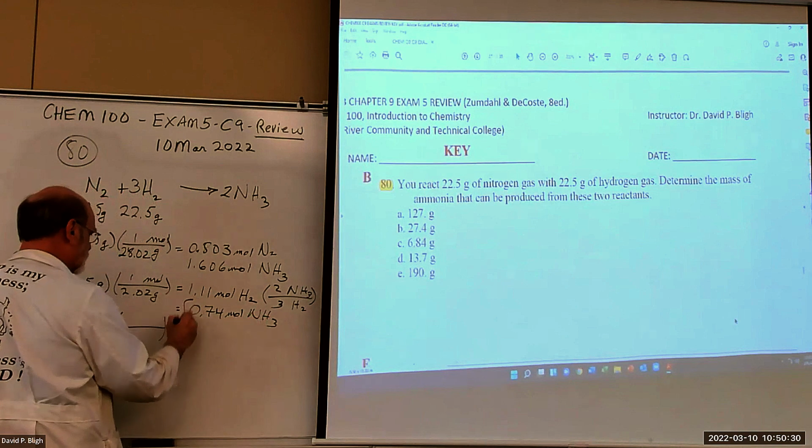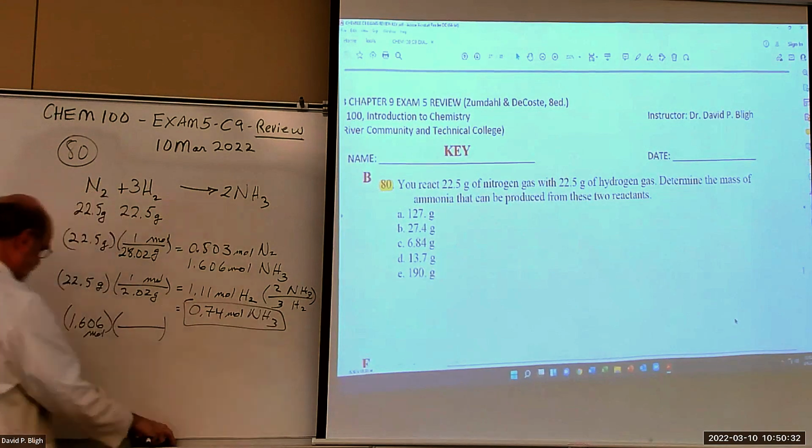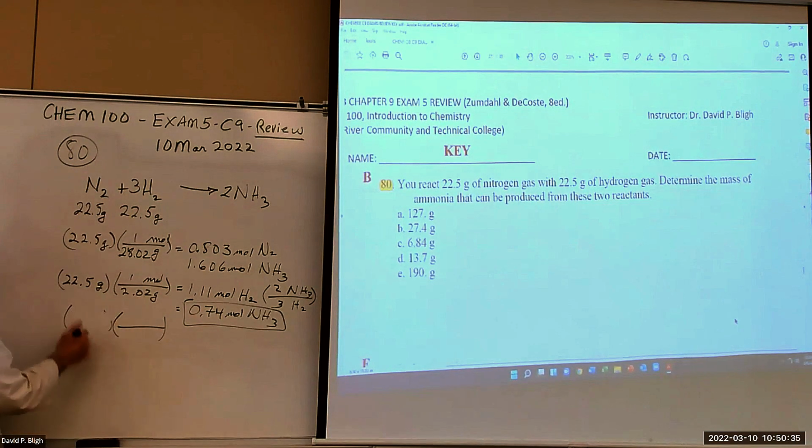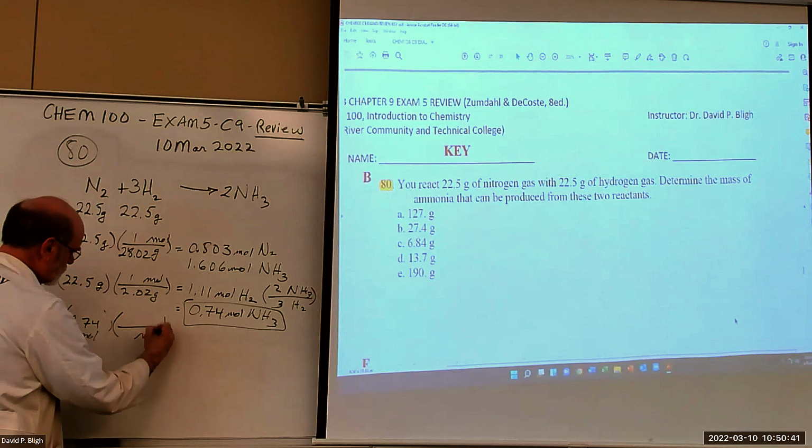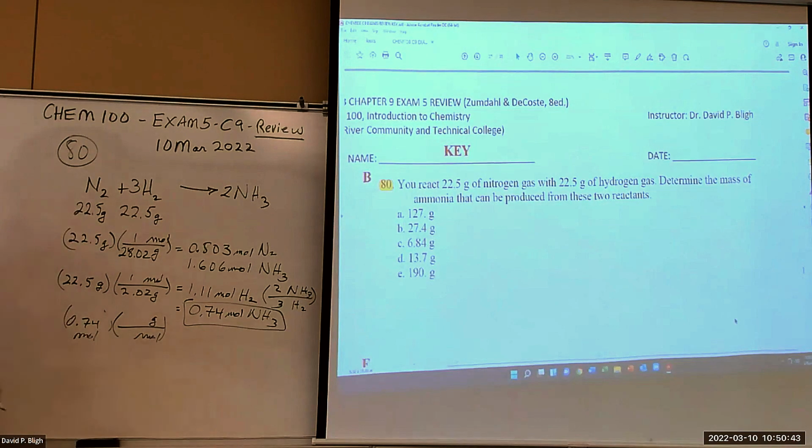So this is the limiting one. Moles on the bottom, grams on the top. Nitrogen is 14.01 plus 3.03, 17.04.